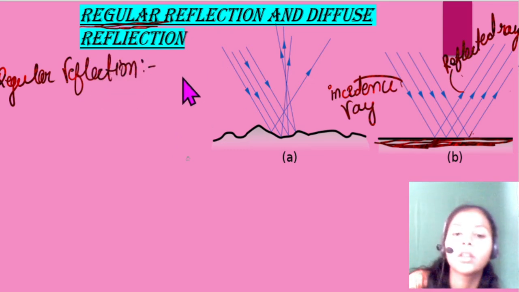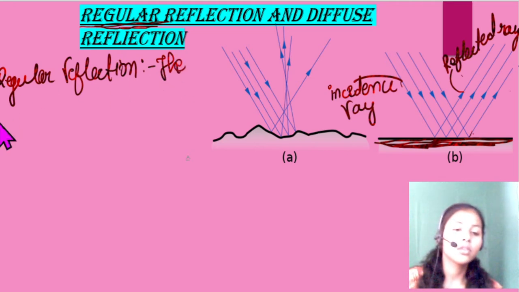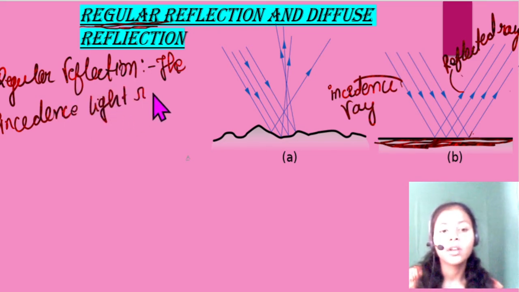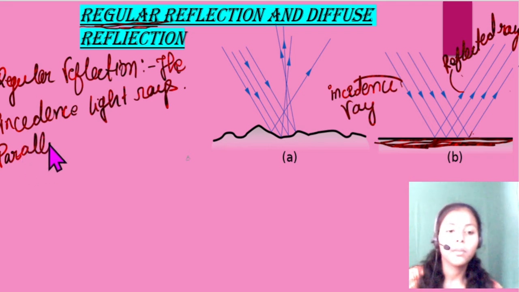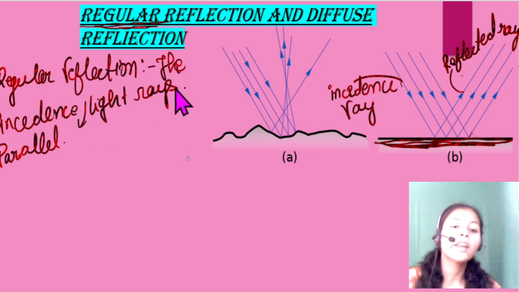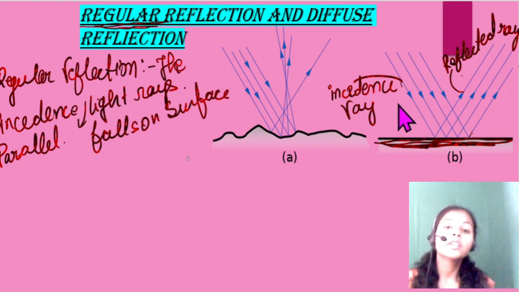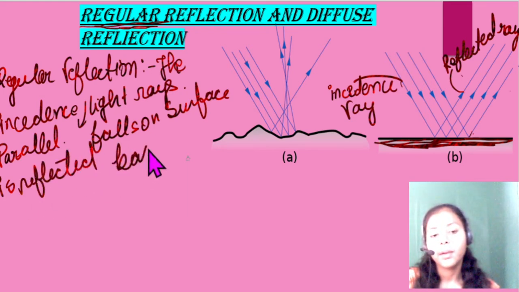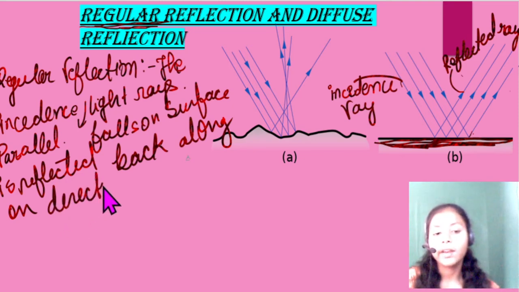So here I'm writing the definition of regular reflection. It means the incidence parallel light rays fall on the surface and are reflected back along one direction.